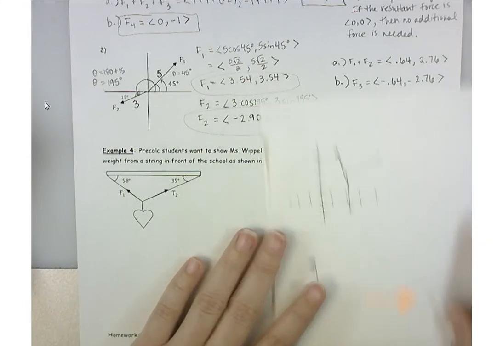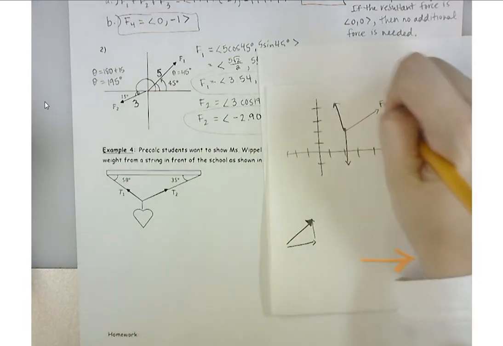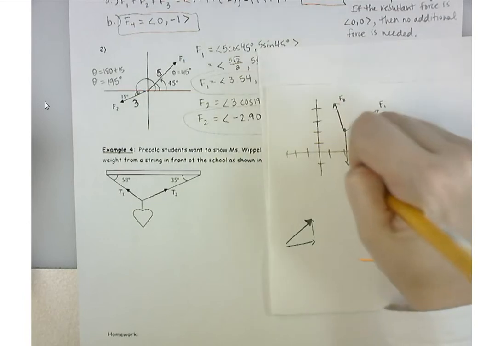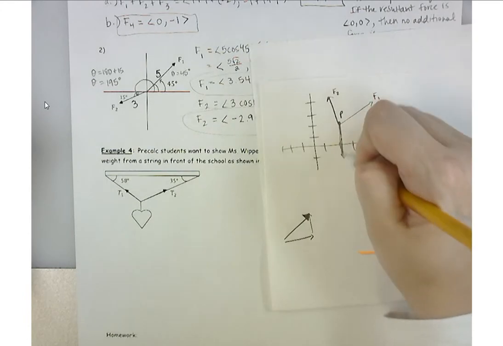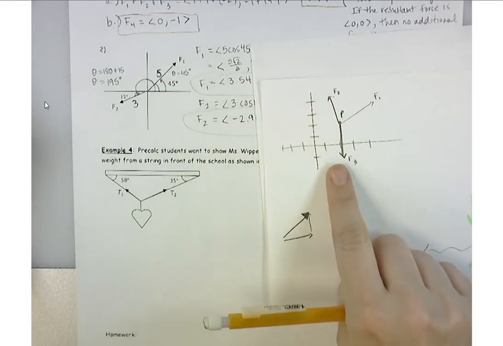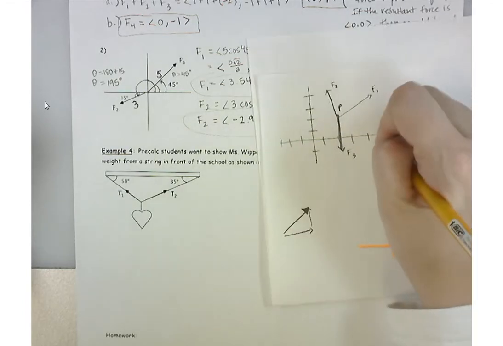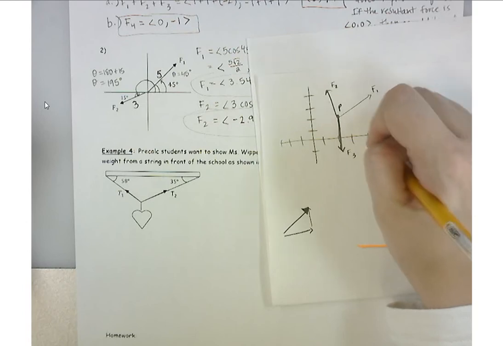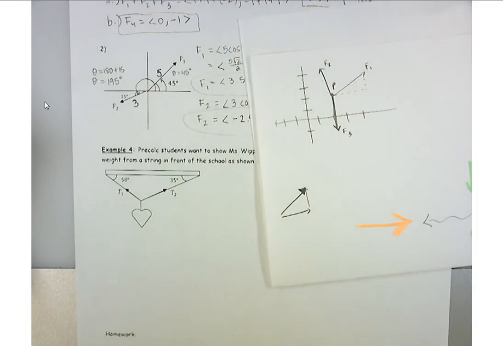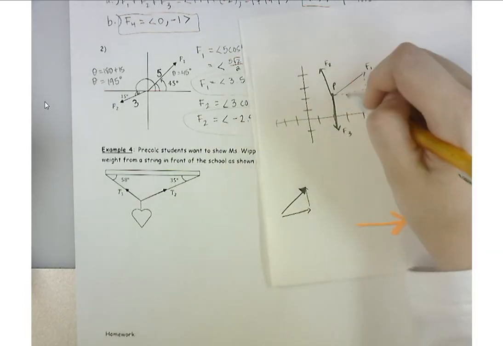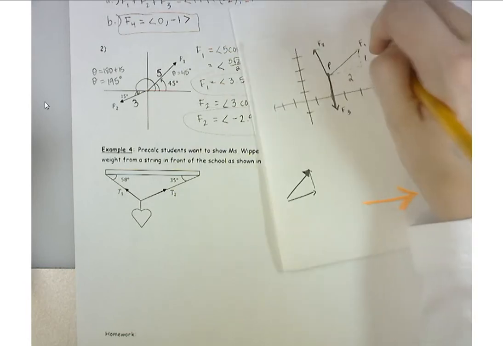Okay, so if this is what you had, and they only tell you that this is F1, this is F2, this is F3, this is the point P, do we know what the names are going to be of these vectors? Can we find out their horizontal components and their vertical components? Yeah, because we can just count, right? Can't you find what the horizontal and vertical components are by counting the spaces? So if this is 2 spaces away, and this is just 1 space up, then this vector would be 2, 1.